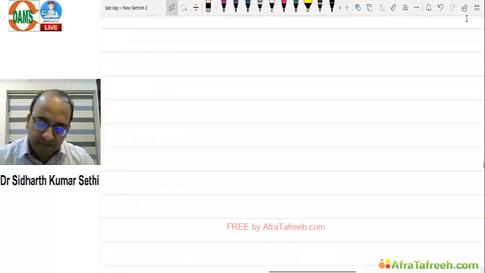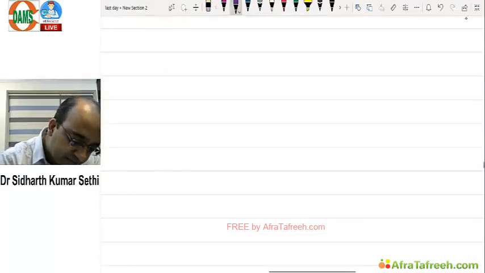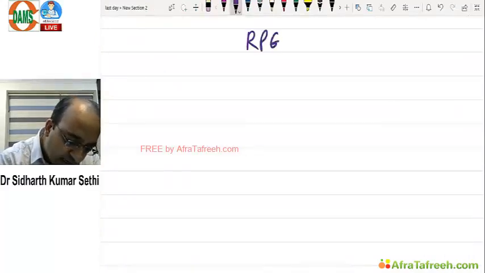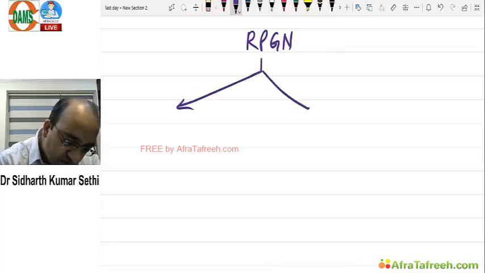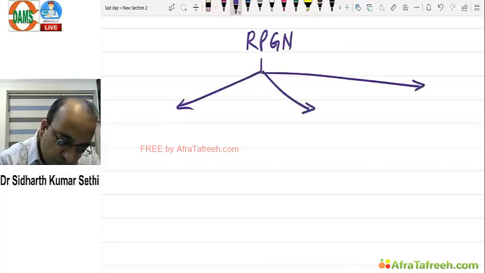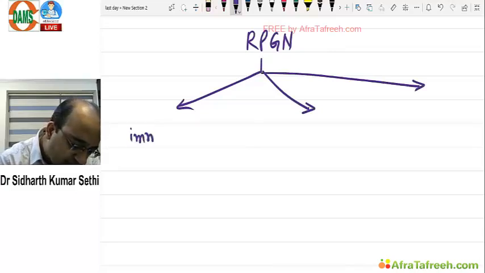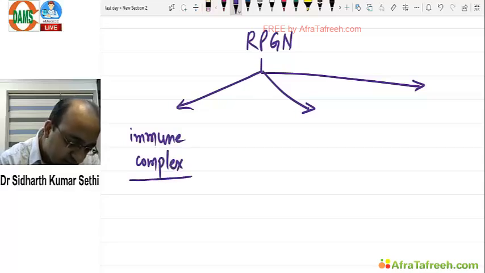I just want you to know that RPGN is of 3 types. We do an early kidney biopsy because we want to look at whether it is an immune complex glomerulonephritis. So are these crescents immune complex? I'm looking for crescents.